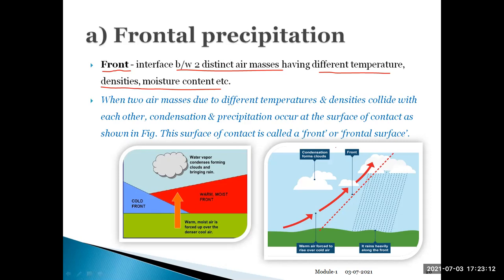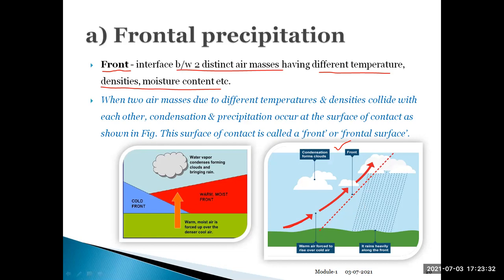In this figure you can see the red color indicates the warmer air, which is forced over the colder air. And the dotted line indicates the front surface, the interface between the warmer air and the cold air mass.